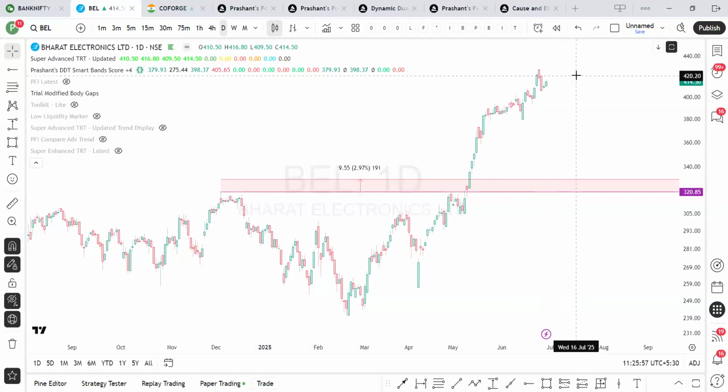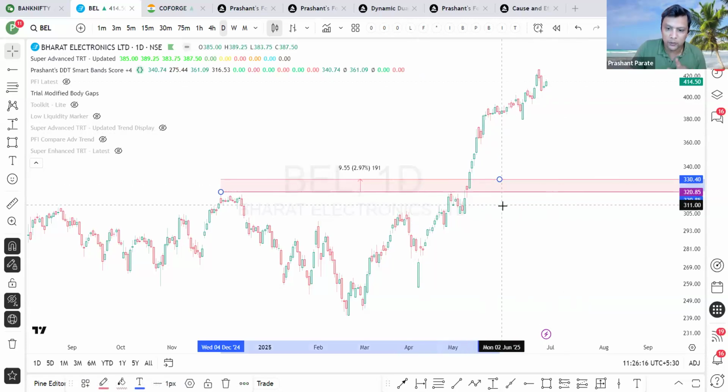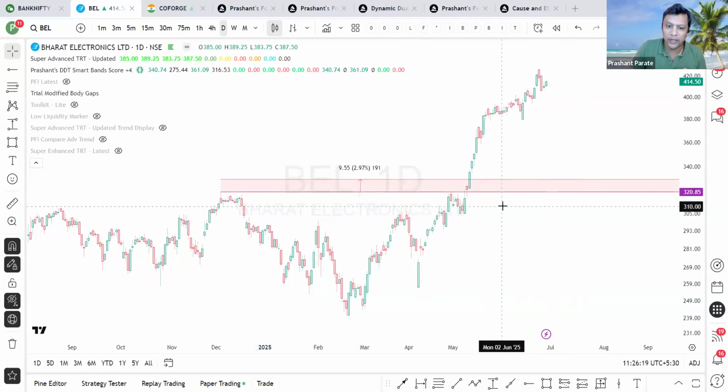Sir, in this case, if expiry comes, then we can eat this premium, and we can roll over the position. The same thing will happen. What I am saying is, if you have two lots of future and sell one lot of call, then you can call it a partial profit booking.